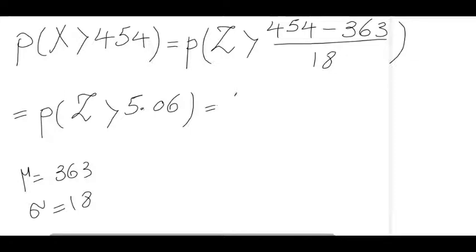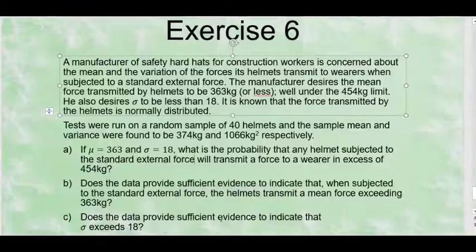So it's 1 minus, it's approximately 0. So the probability that x is greater than 454 kilograms is 0. So as they mentioned here, well under the 454 kilogram limit, it is actually under the 454 kilogram.